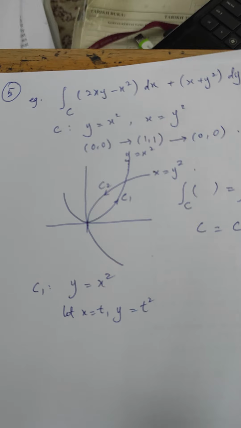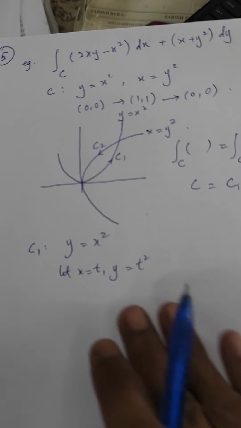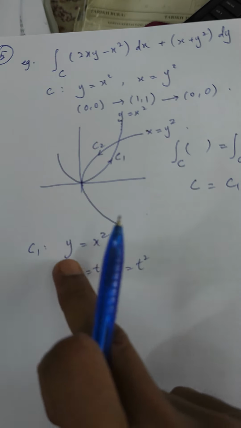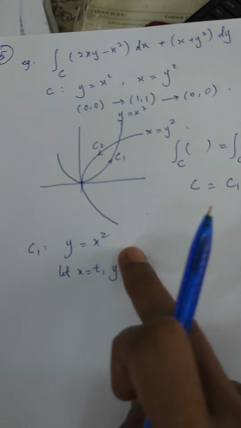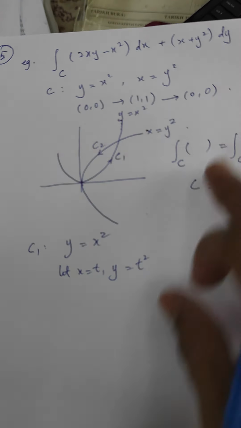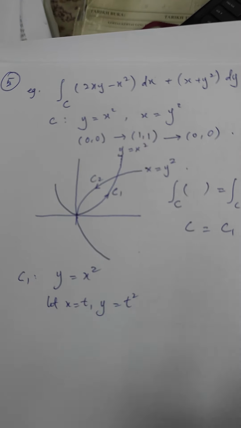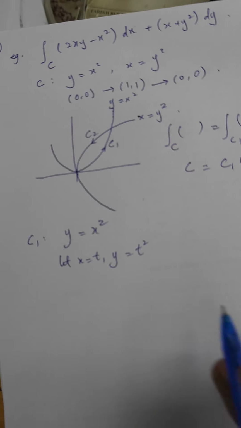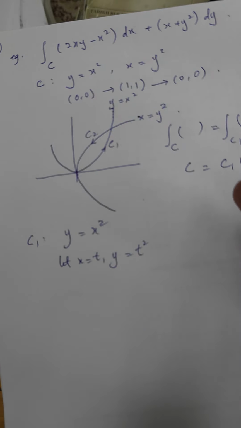Of course, you could just substitute y with x squared and differentiate to get dy equal to 2x dx and substitute into the integral. Yes, you can, but we stick to what we have done earlier: we give a parameter and form a system of parametric equations, then substitute into the main problem.